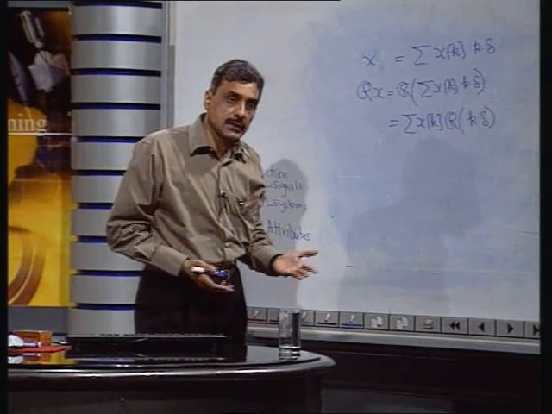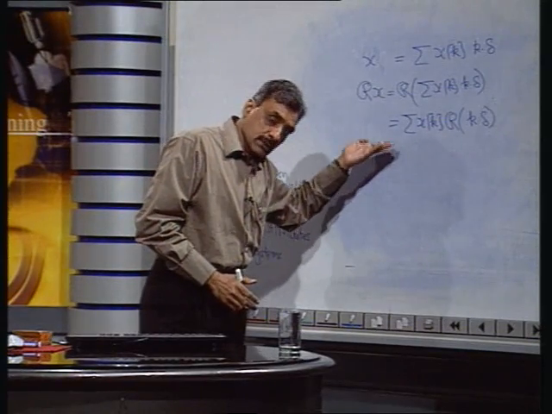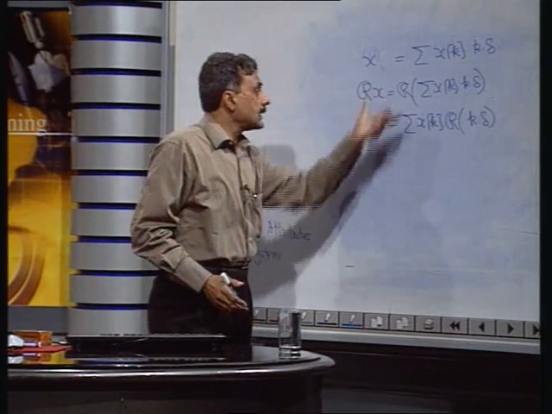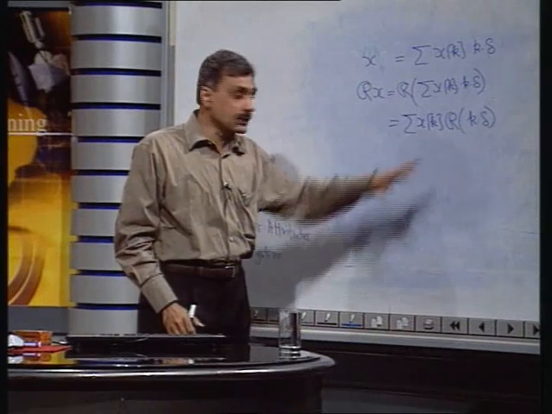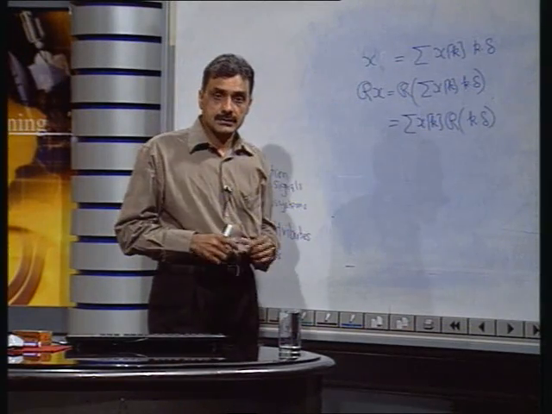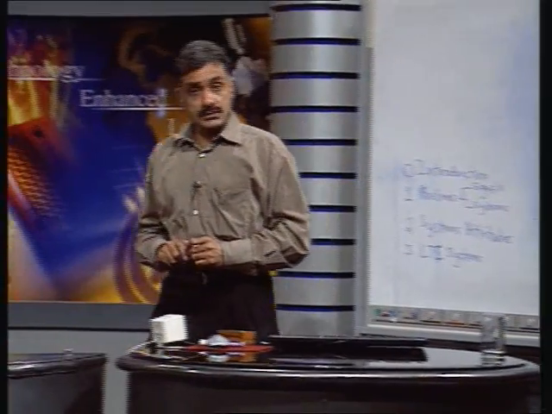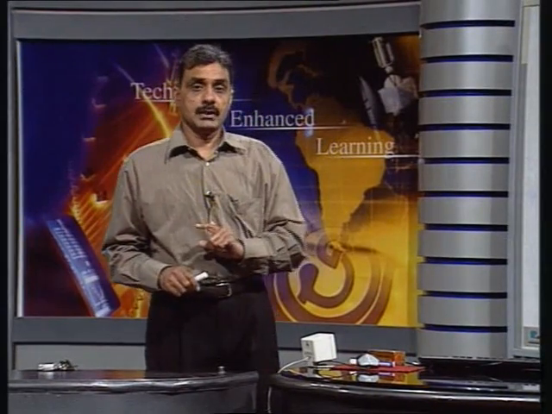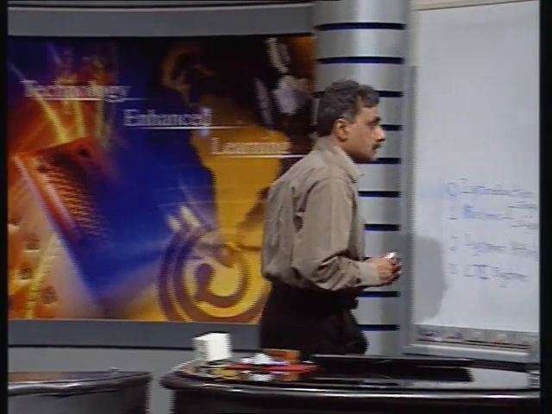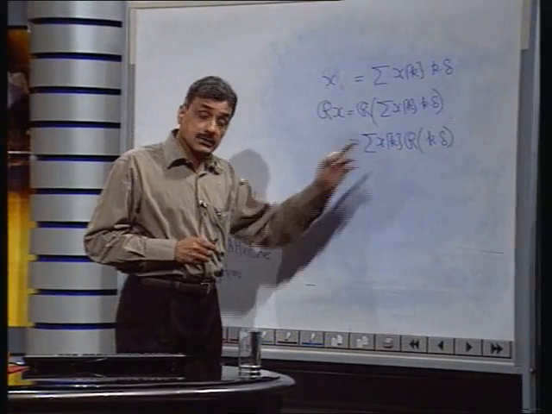Linearity basically says that you consider the response of each one of them and add them up. That will give you the response of total x. But then we had also made an assumption that our system is not only linear, but also a time invariant system. So time invariance also starts playing its role here at this juncture.